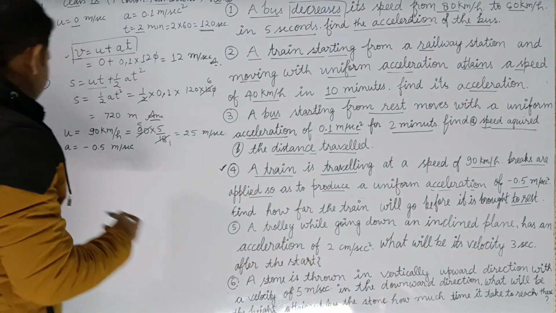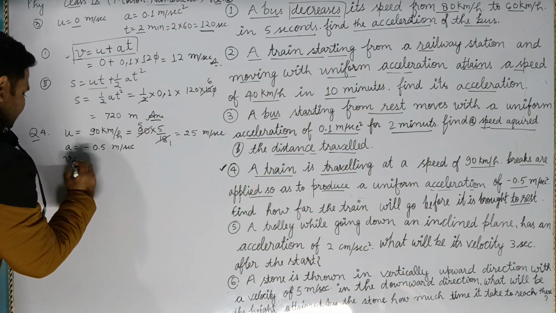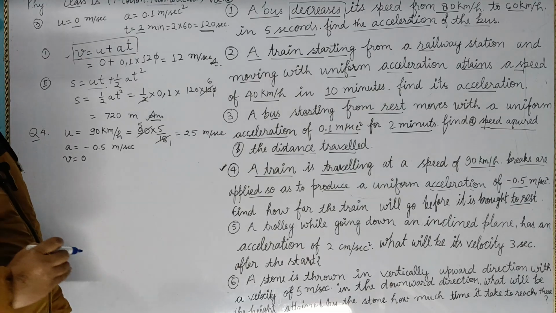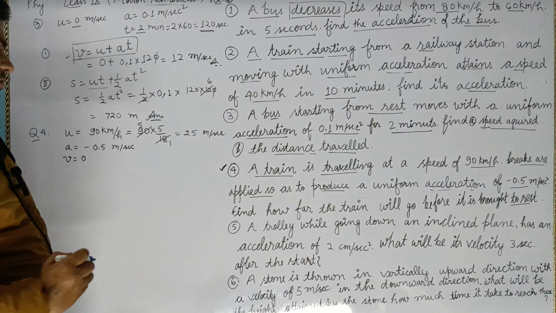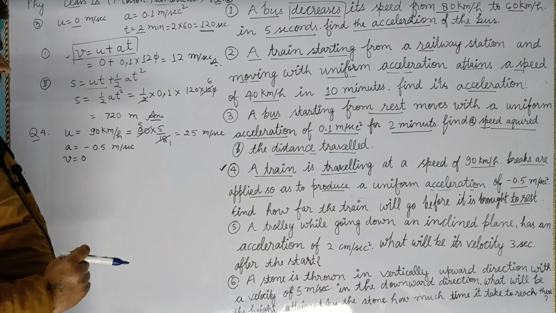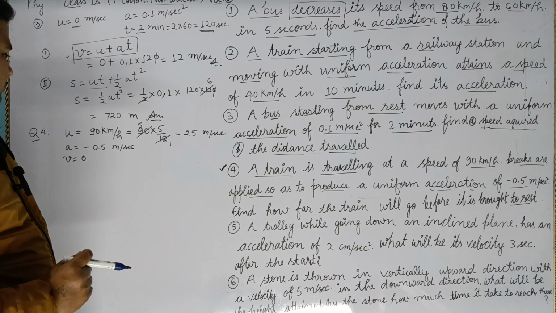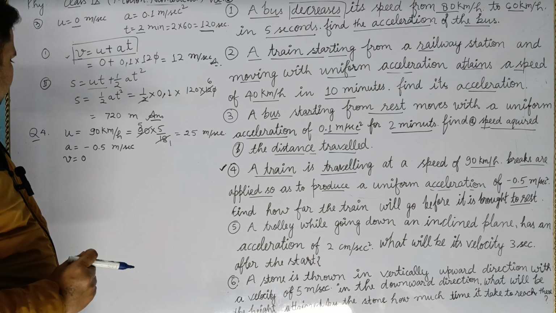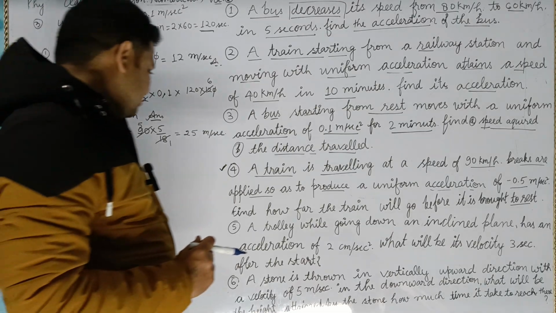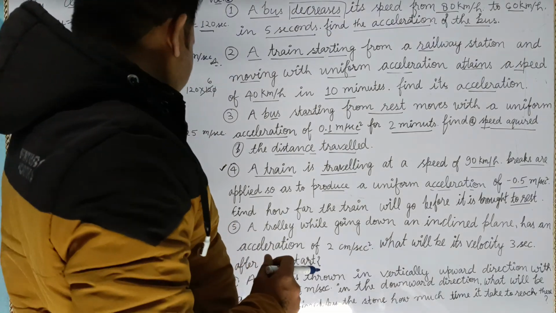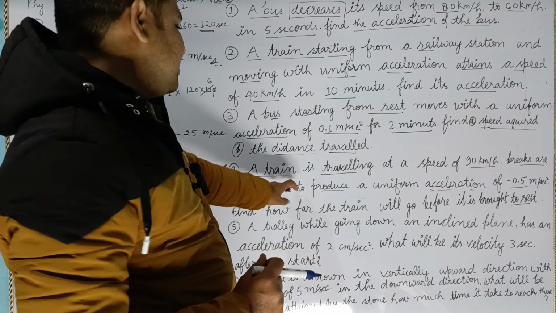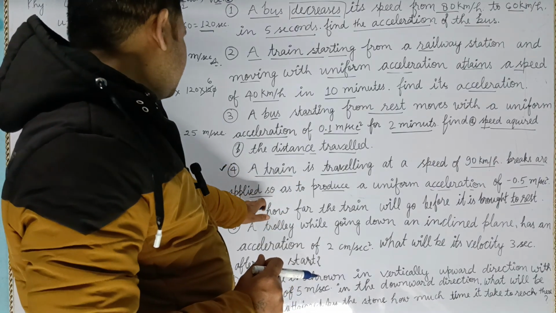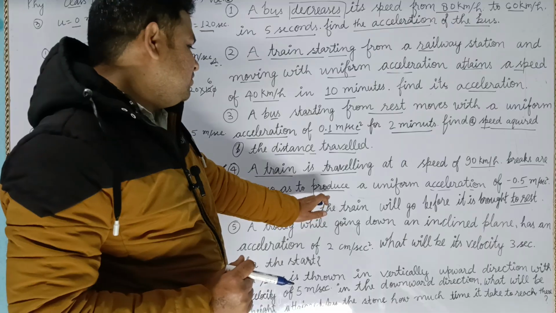So the final velocity v is equal to 0 in the rest position, and the time is not given here. The train is traveling at a speed of 90 km per hour, brakes are applied so as to produce uniform acceleration.